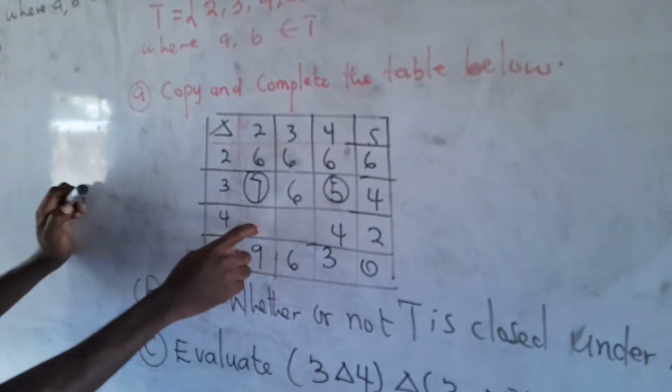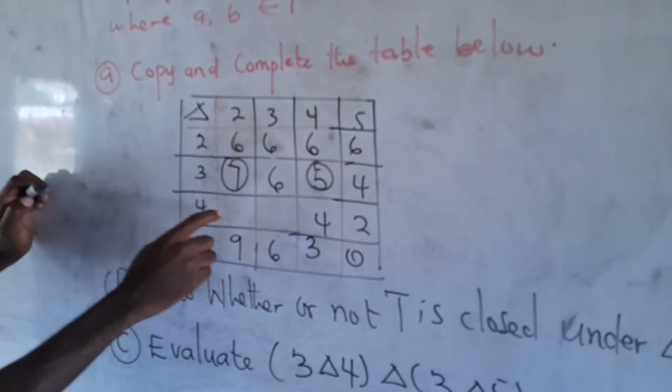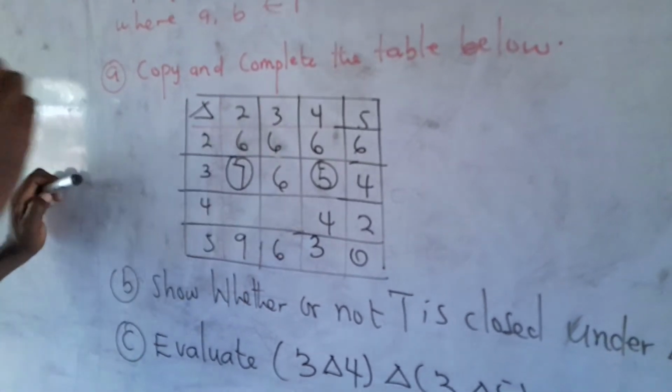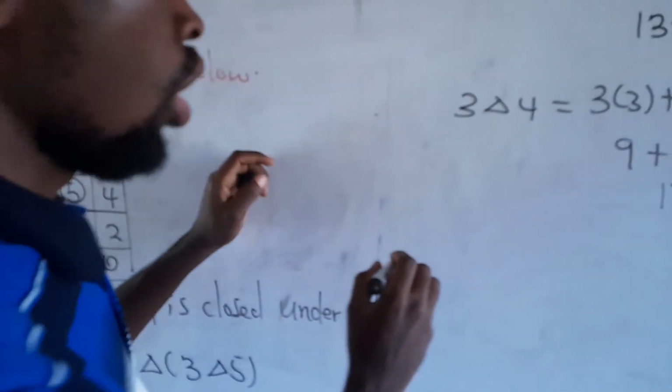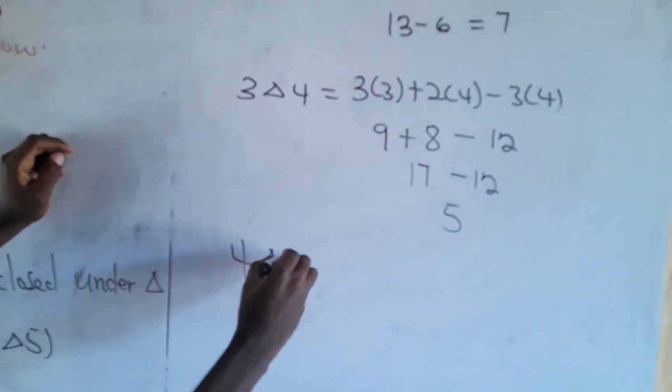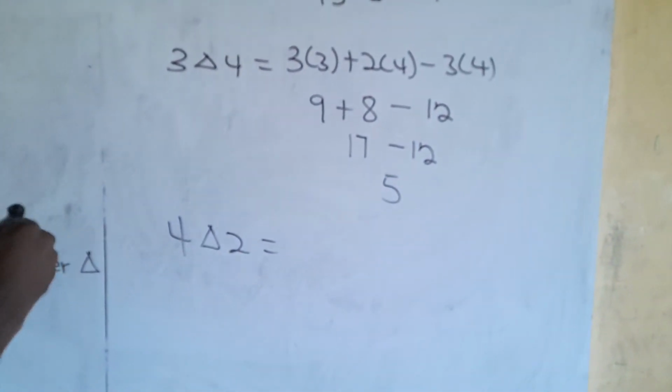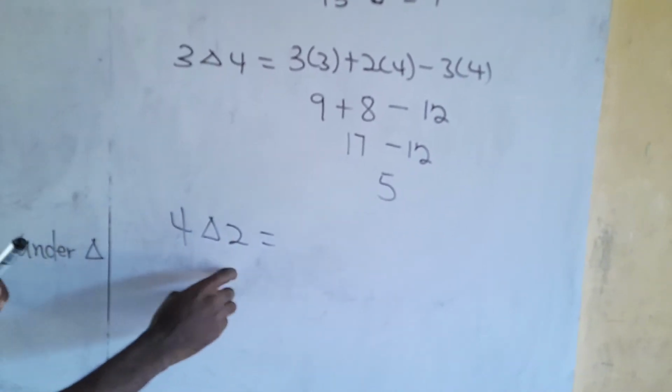The next one is this place, that's 4 delta 2. And this, 4 delta 3. So our 4 delta 2 will be, any place we see A we substitute 4 and B we substitute 2.